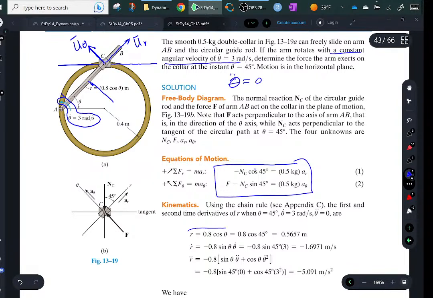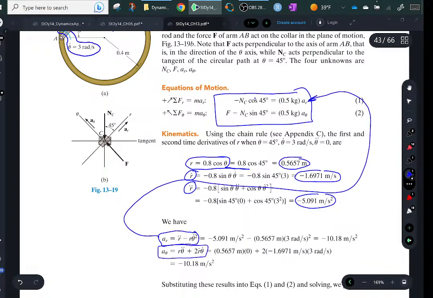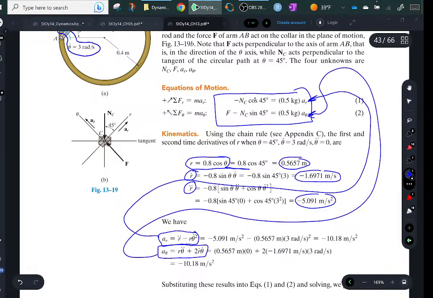So he went in and did this, and then he evaluated it at 45 degrees. He did the r dot, evaluated it, and r double dot, evaluated it. And then what did he do? He came in and did this to find the value that's supposed to go right there, and then did this to find the value that's supposed to go right there.